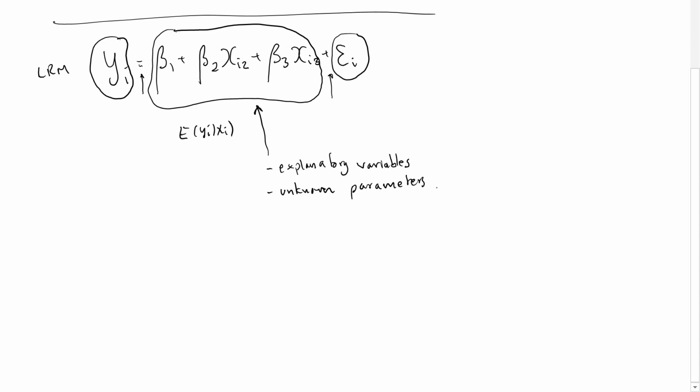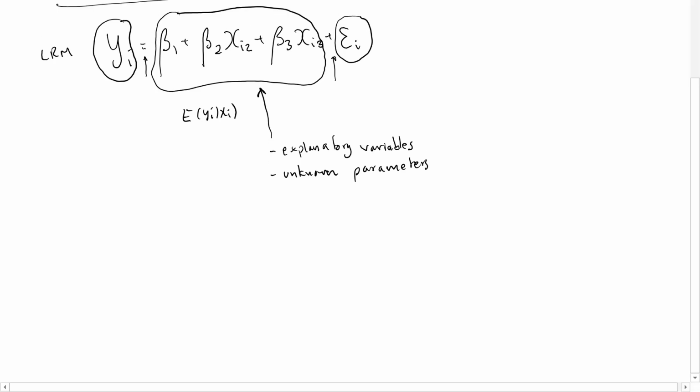To make it look like a Cobb-Douglas production function, we may want to create this blob so it looks like x_i2 to the beta 2 times x_i3 to the beta 3. That's one possibility, but we actually have an endless amount of possibilities here. It's not even necessary for the number of parameters to be one more than the explanatory variables.